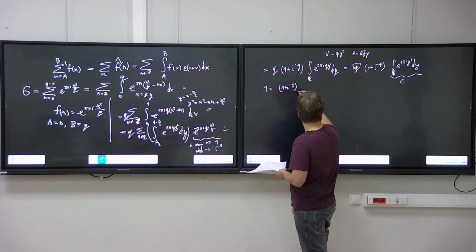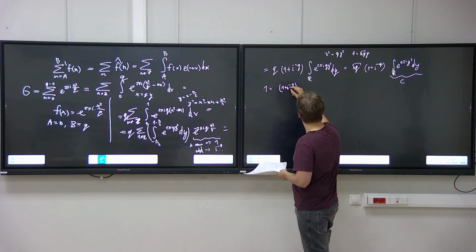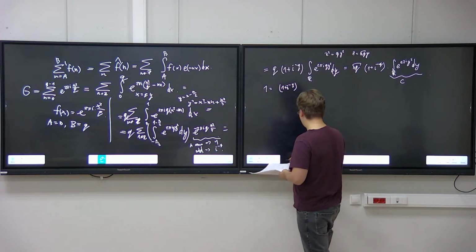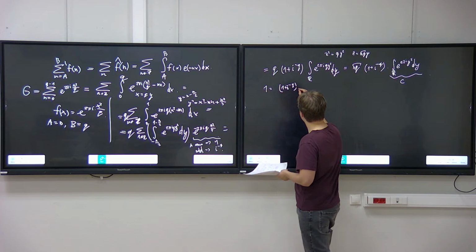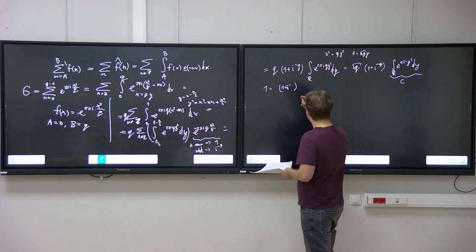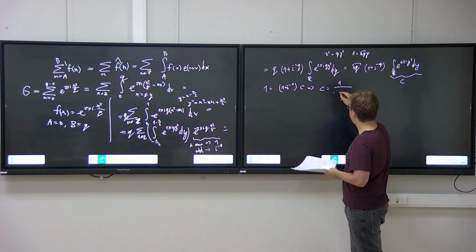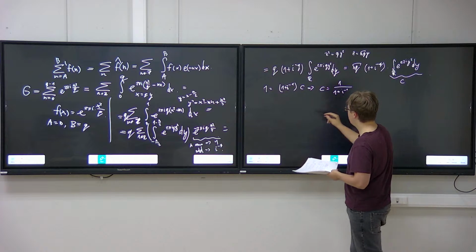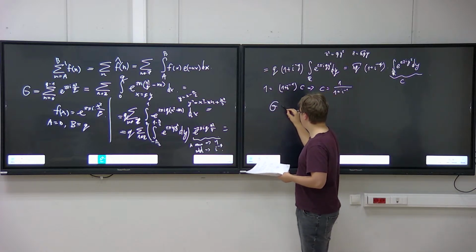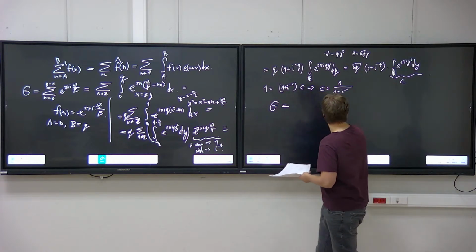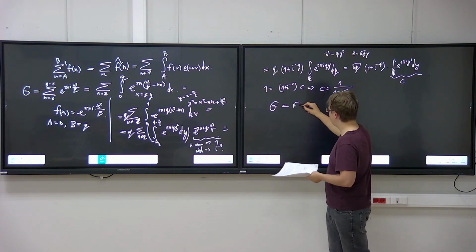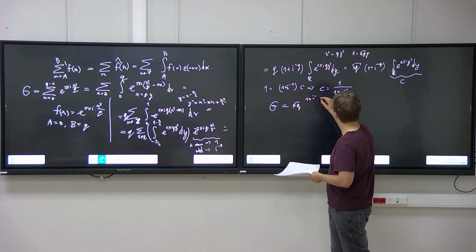So c is 1 plus i to the minus 1. Hence, our G is square root of q, 1 plus i to the power minus q.